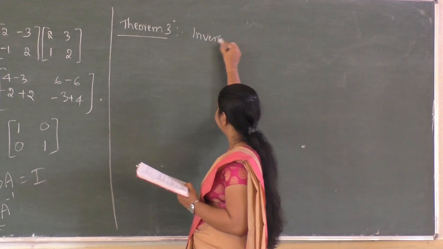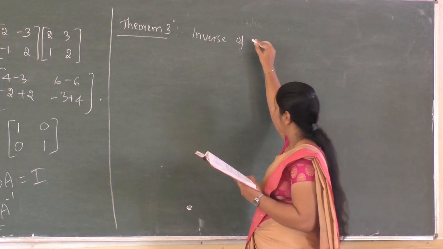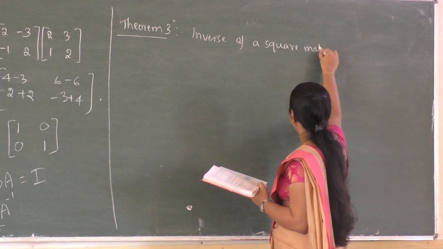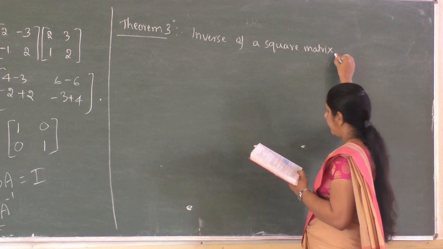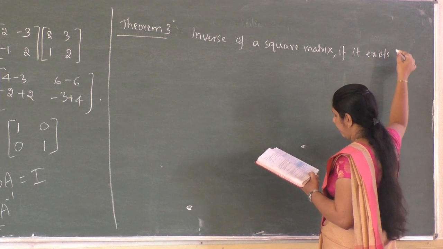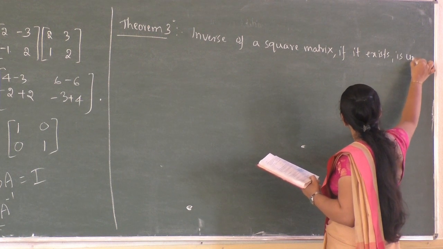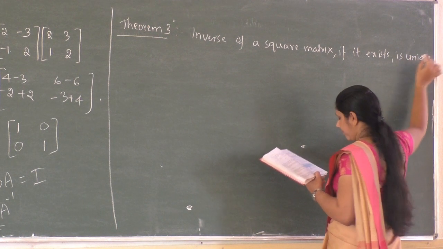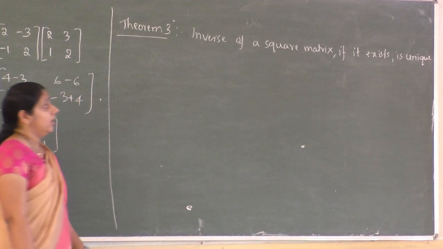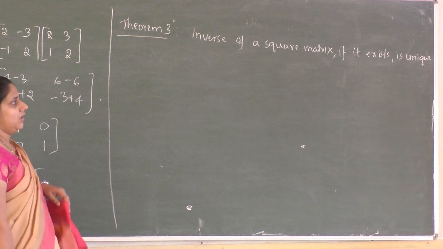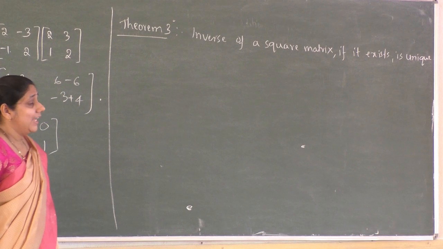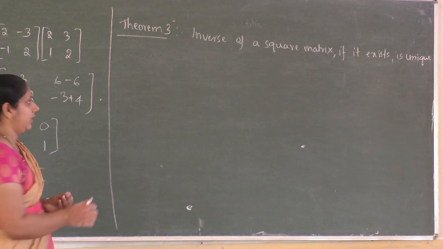The statement is: inverse of a square matrix, if it exists, is unique. That is, you have to prove here the uniqueness of the inverse of a matrix.